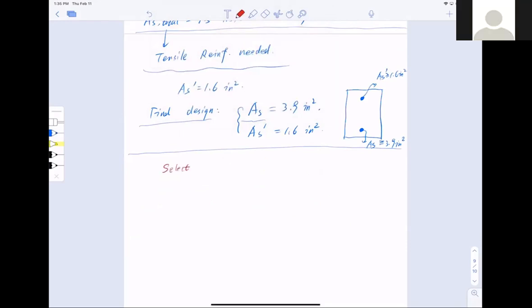Is that AS not 2.9 inch squared? Where? Here? The one on the bottom. Sorry, let me clarify for you. It should be greater or equal than. Clear? It wasn't 2.9 instead of 3.9.